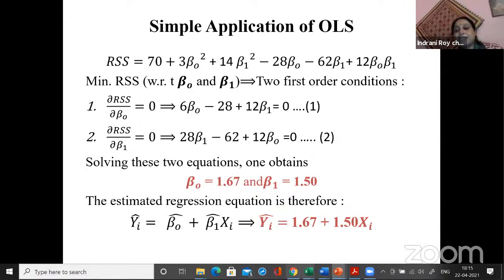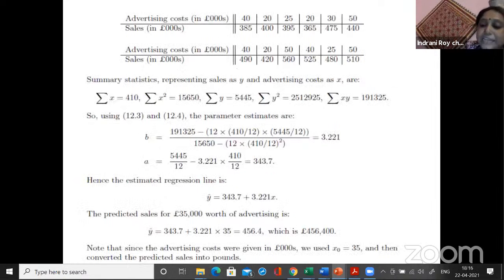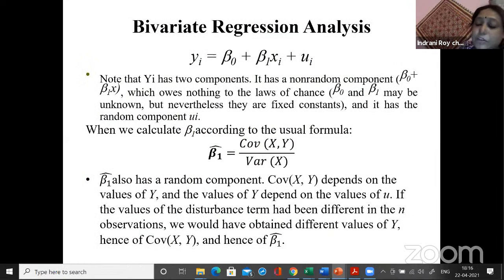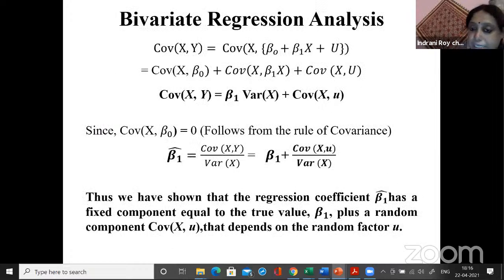How do you interpret it? If xi is equal to 0, the average value of yi is 1.67. If you allow xi to change by 1 unit, the average rate of change of y, your dependent variable, due to the change in x is 1.50. That is how you interpret your two regression coefficients.